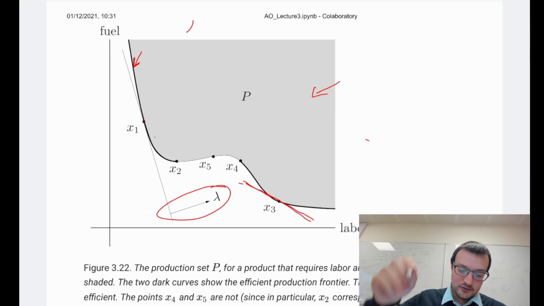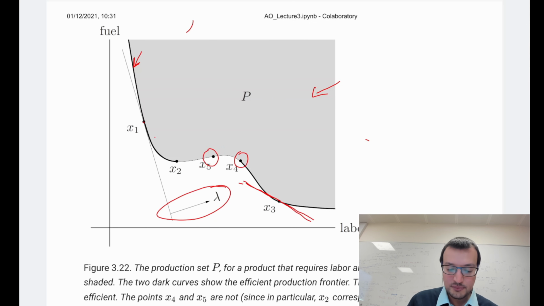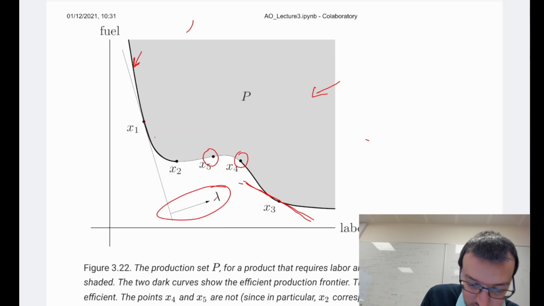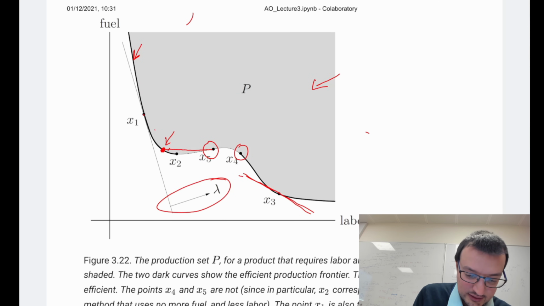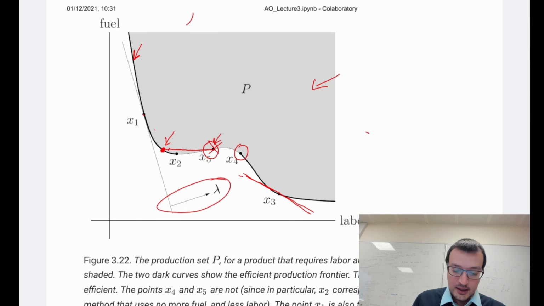There are in this graph also two other points, x4 and x5, but these are just examples of points which are not minimal. x5 is not minimal because there is going to be this point over here that consumes the same amount of fuel but less labor, and so that one is minimal, and this here is not minimal.